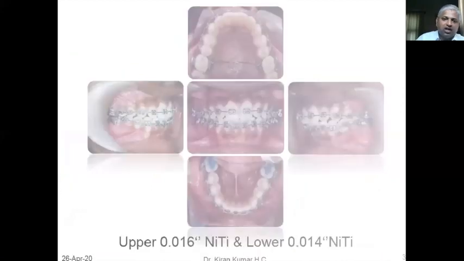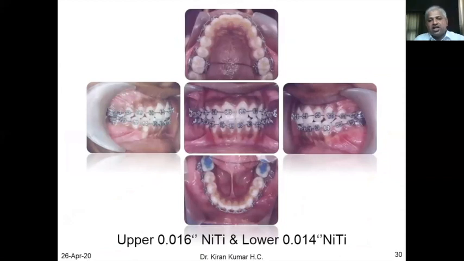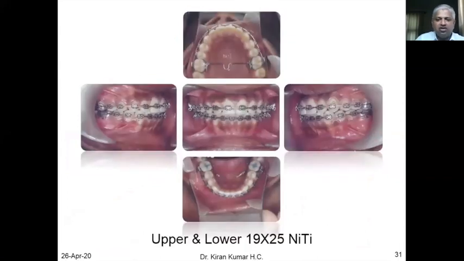Following this, the patient was bonded with .022 slot MBT brackets, and MBT mechanics is followed. The patient was placed on upper and lower .016 and .014 NiTi wire as aligning and leveling wires. Following this, we shifted to upper and lower 19x25 nickel titanium.